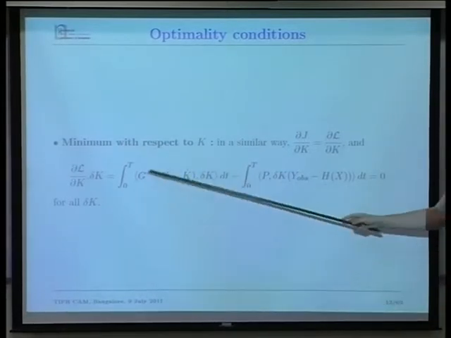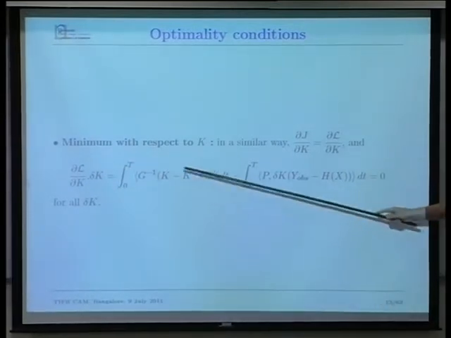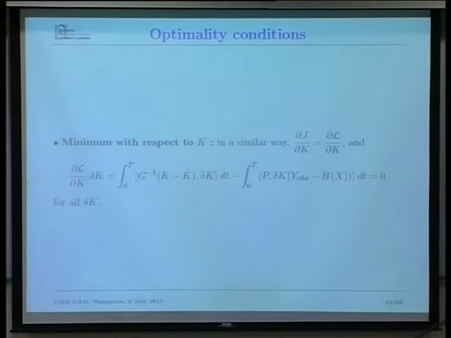So if you take the derivative dL over dK in the direction delta K, then it's simply the integral of G minus 1 times K minus K hat dot delta K. So this could be a scalar product on matrices. And you have also this term here coming from the nudging term, K times observations minus x. And this should be equal to 0 for all directions of differentiation, so for all matrices delta K.